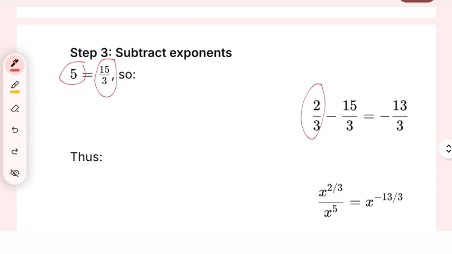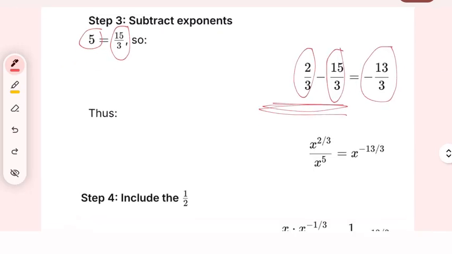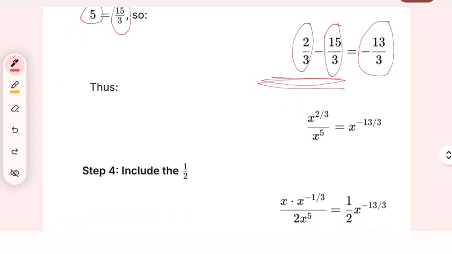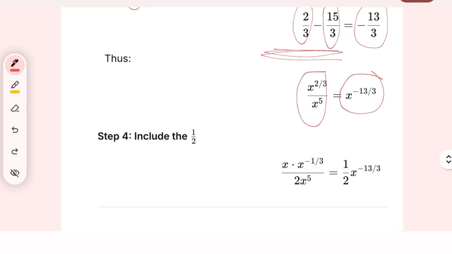Now they are like fractions because they have 3 for the denominator. So 2/3 minus 15/3 is minus 13/3. So this one would now be x to the negative 13/3.